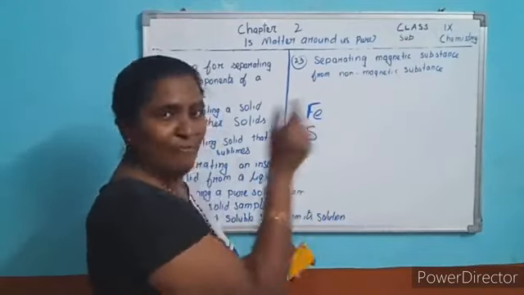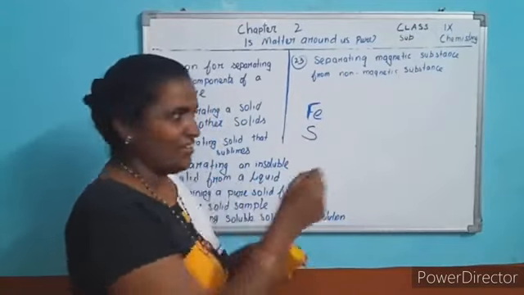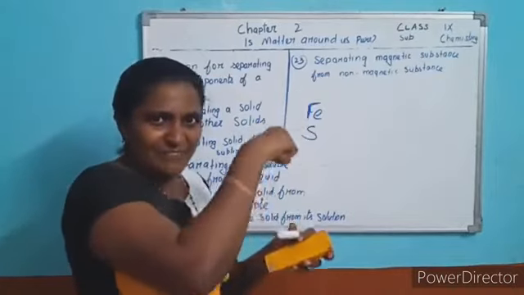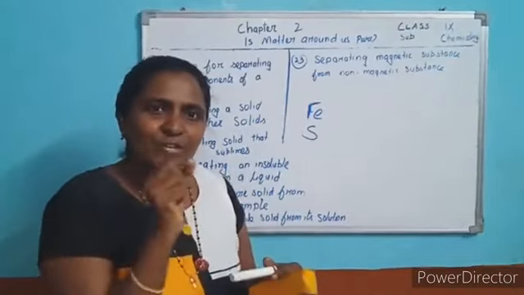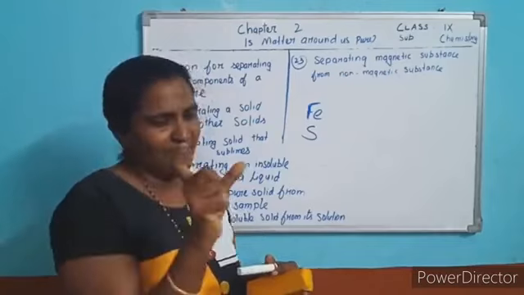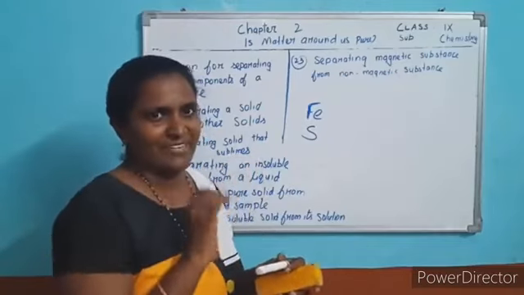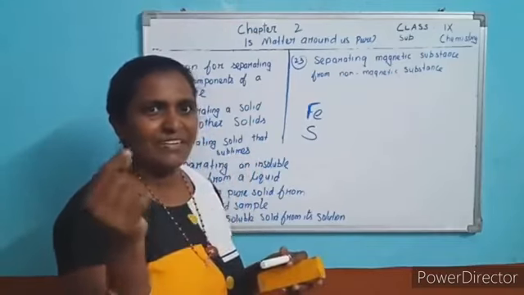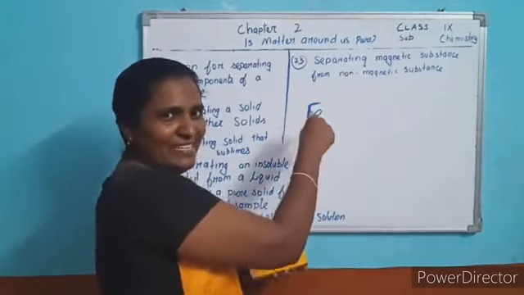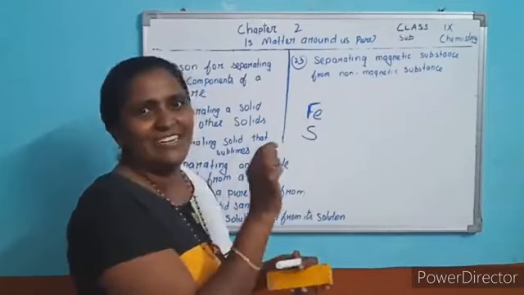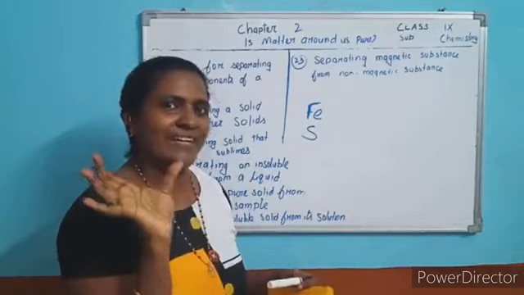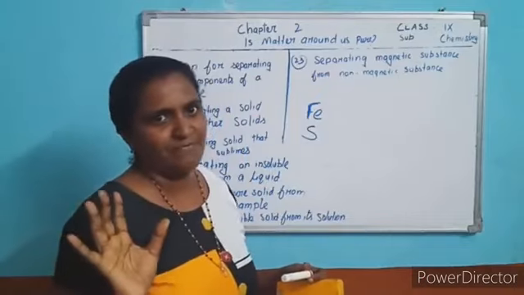With the help of a magnet. You can rub it over the mixture. Only the iron particles cling to the magnet, whereas sulfur will not.